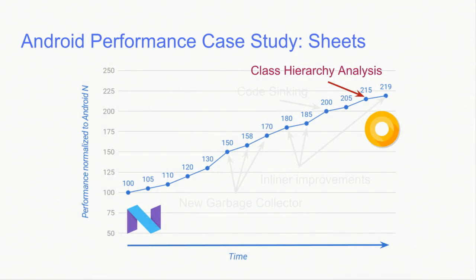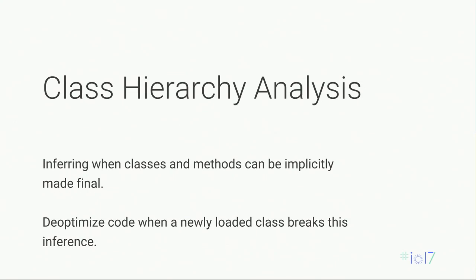The last optimization I wanted to mention here is class hierarchy analysis. Class hierarchy analysis is a pretty common technique in object-oriented languages. A runtime will try to infer classes and methods that can be made final, even though they aren't marked as final.